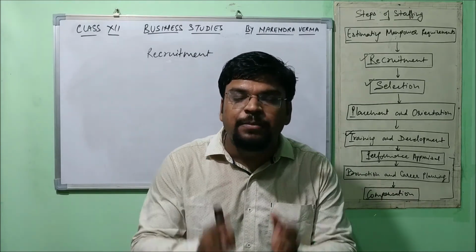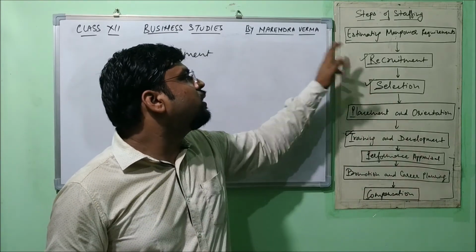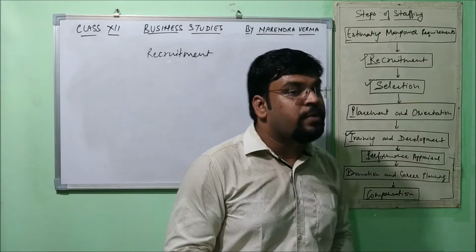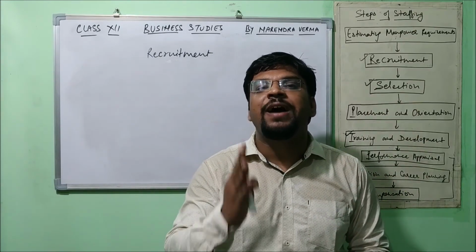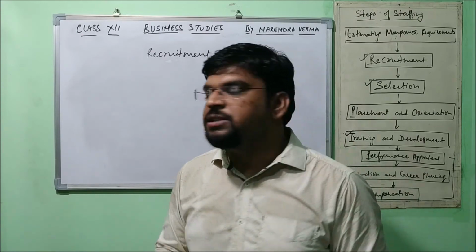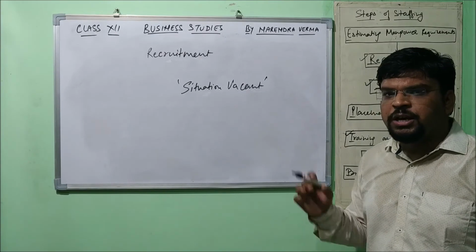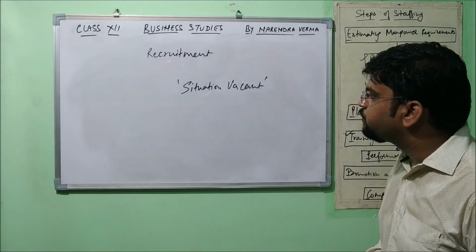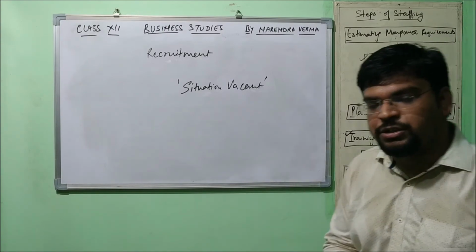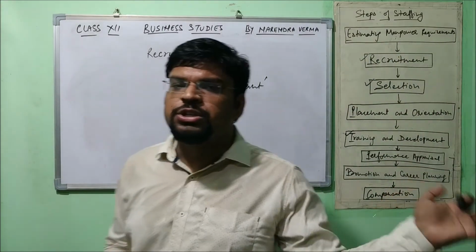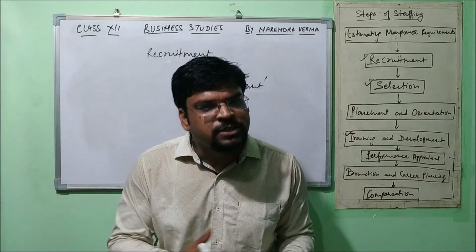So it's time to utilize the information which has been developed in estimating manpower requirement, which is the first step, for developing the situation vacant advertisement. I just write it down here. I think you are familiar with it. Okay, in your English subject, you must have studied it in your writing section. You must have written some situation vacant advertisement as well. Okay, so it is just similar to that.